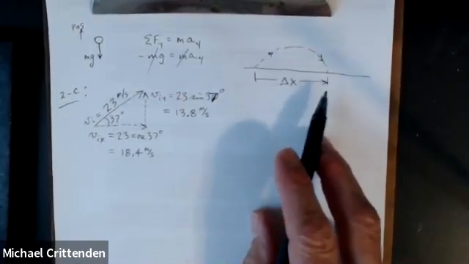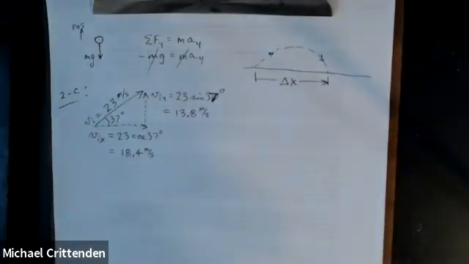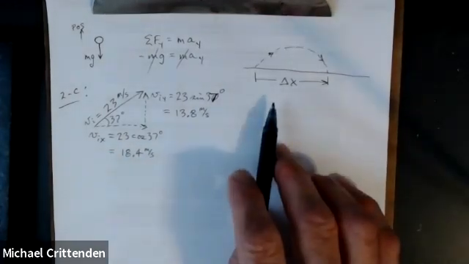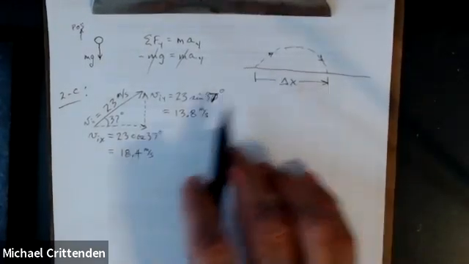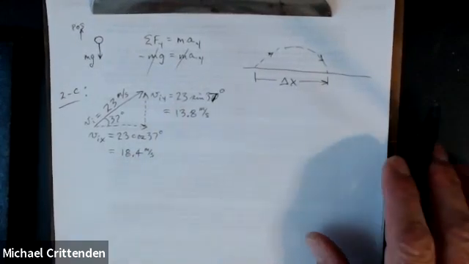That is the thing we're looking for. Okay, how far away does it land? Well, delta x would equal this speed times the amount of time that it's in the air.